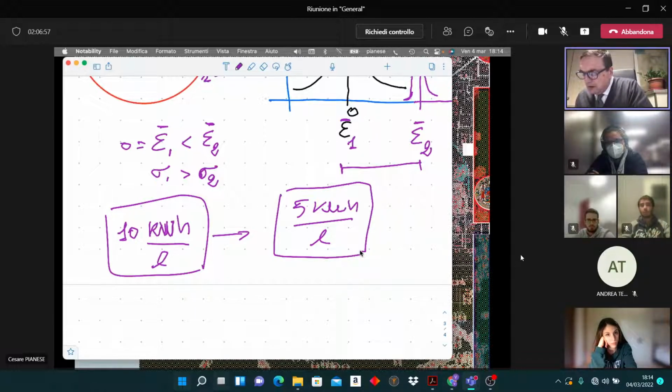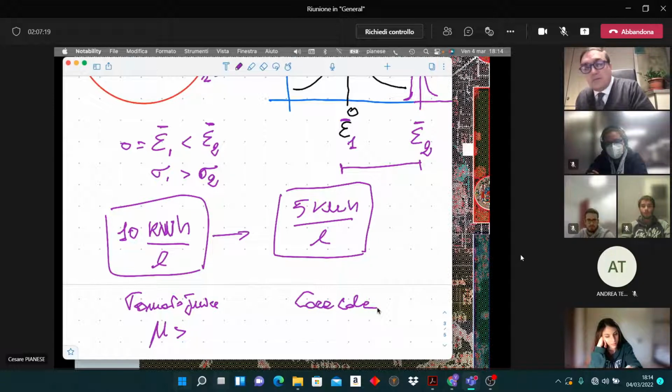Because the viscosity of tomato juice is greater than the viscosity of Coca-Cola. It makes sense, actually. I don't know. Tell me whether you do not agree. So this means that in order to move the tomato juice through the pipes, for sure it will cost more. That's why you spend more energy.